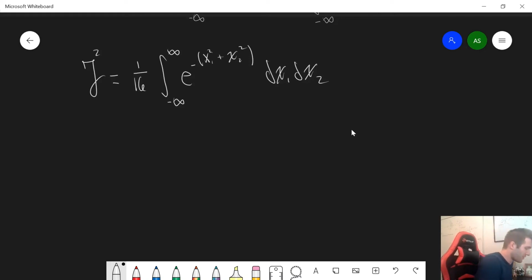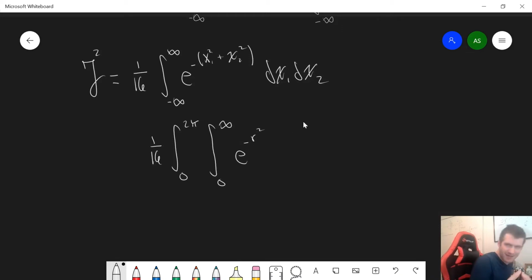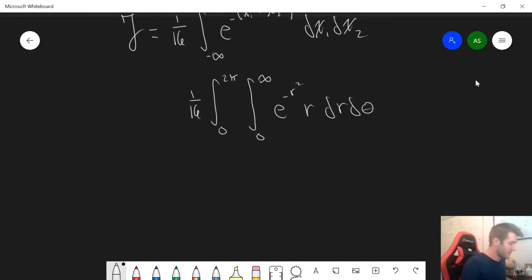So now we can convert this to our integral that goes from 0 to 2 pi, and of course we have 1/16 out here, and our inner integral from 0 to infinity of e to the negative r squared, again back to r, and our Jacobian r, just with our limits of integration as dr d theta. Now we know what this answer is. We've just proven it. And this right here is just pi.